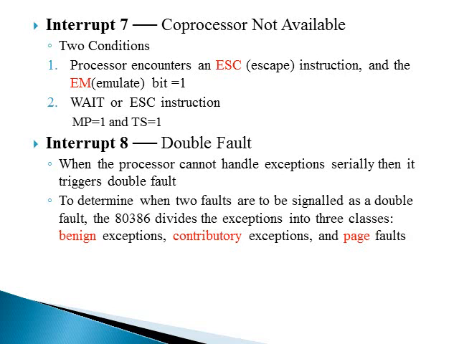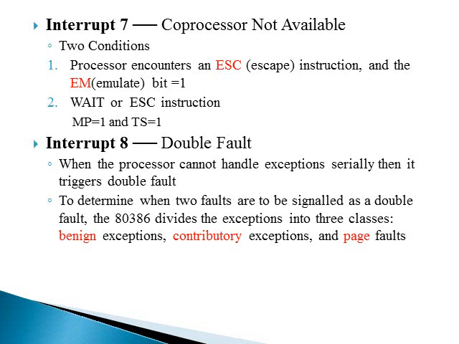Interrupt 8, which is a double fault exception. Normally, when the processor detects an exception while trying to invoke the handler for a previous exception, the two exceptions can be handled serially. But if the processor cannot handle them serially, then it triggers a double fault.